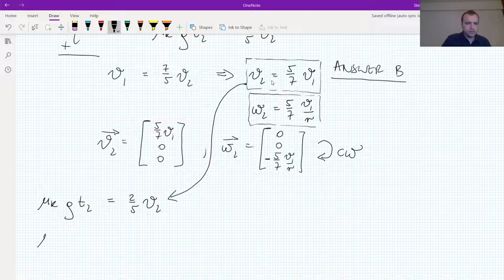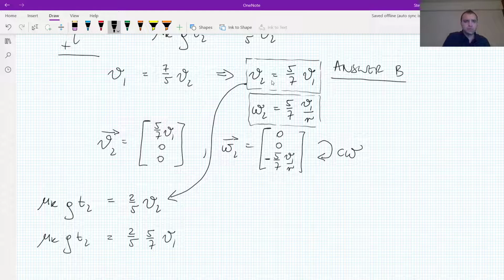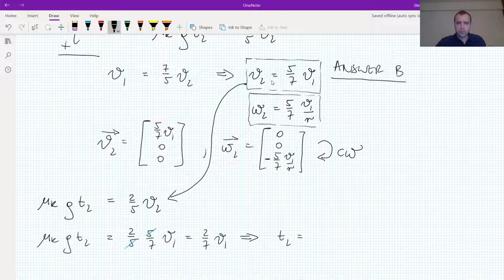So this will be mu k g T2, and this is equal to 2 divided by 5, 5 divided by 7, V1. So this cancels out, and we end up with 2 divided by 7, V1. And that means that our T2 is equal to 2 divided by 7, V1 divided by mu k g.